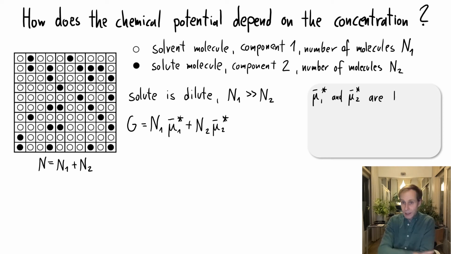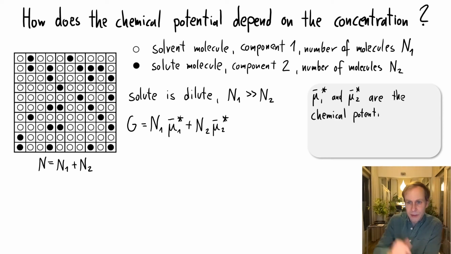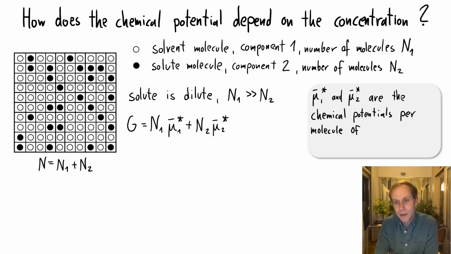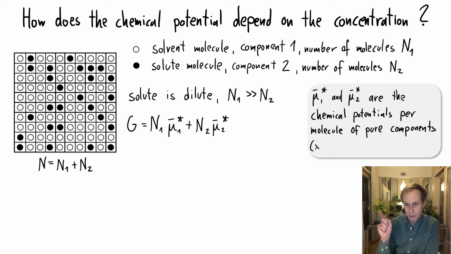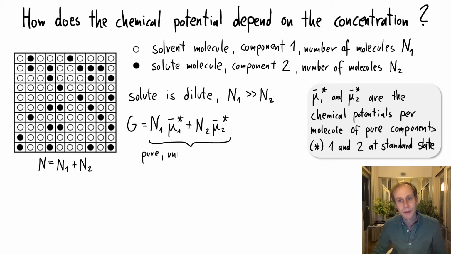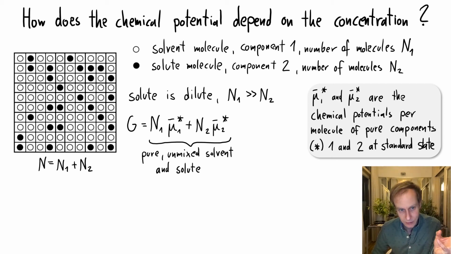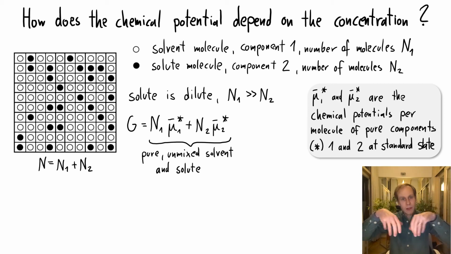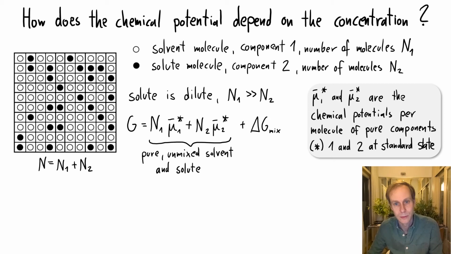And again, these two chemical potentials with the stars are the chemical potentials per molecule, that's why there's a bar on top, of pure components indicated by the star 1 and 2 at standard state. So this is just the chemical potentials of the pure molecules. So they are not mixed with each other, right? It's like a construct where those molecules are not mixed with the solvent and solute molecules.